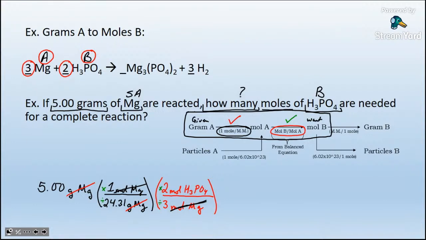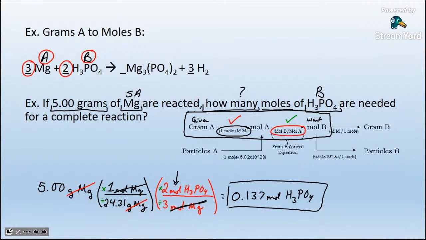I hit enter and I get an answer of 0.137, and the only units present are those moles of H3PO4. So that's my final answer, and it's to the correct number of significant digits. So that's grams to moles.